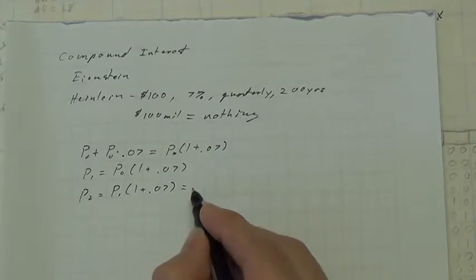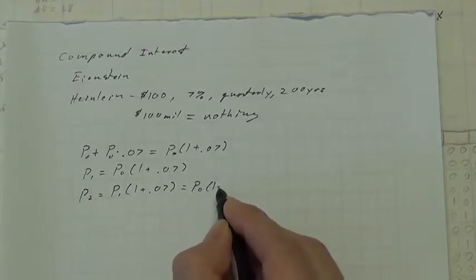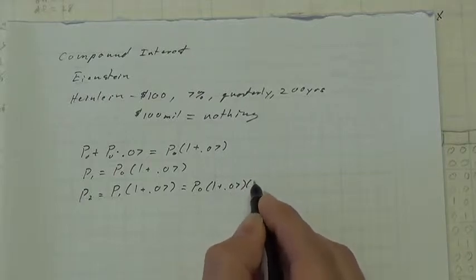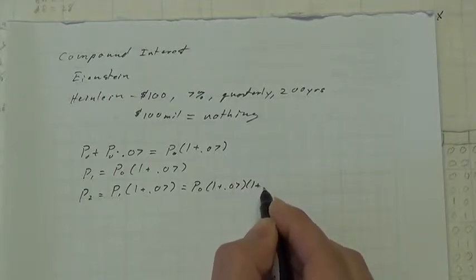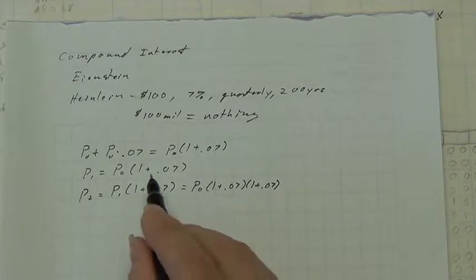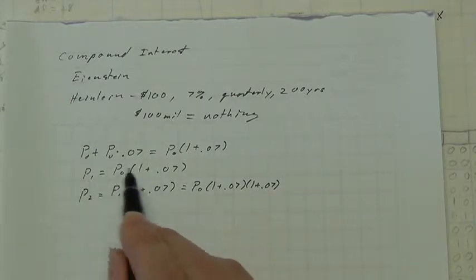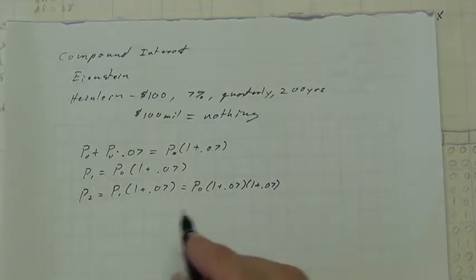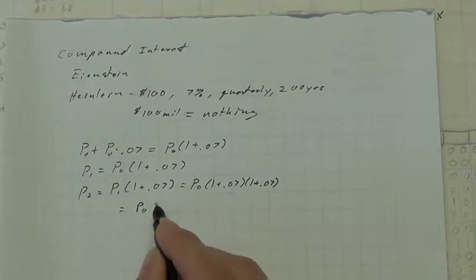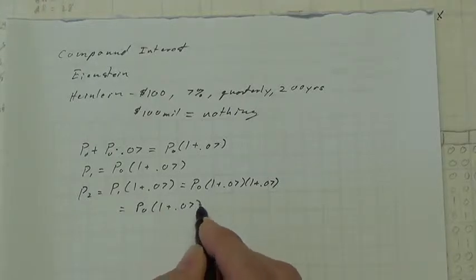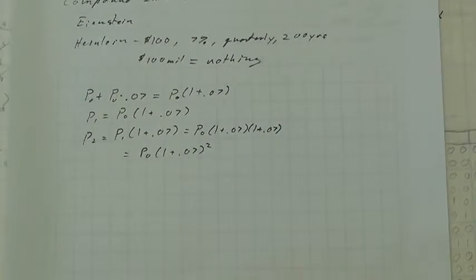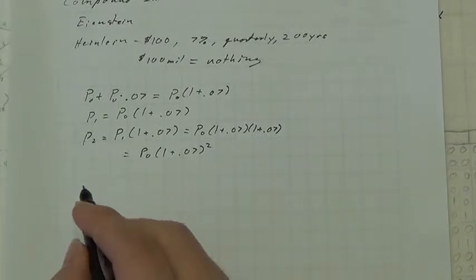All right, but this is P0 times (1 plus 0.07) times (1 plus 0.07). And replace P1 with what it's equal to, which is P0 times (1 plus 0.07) squared. And let's just generalize this all at one leap.